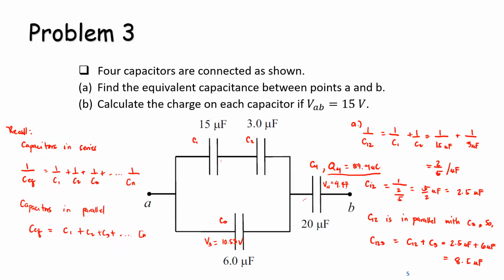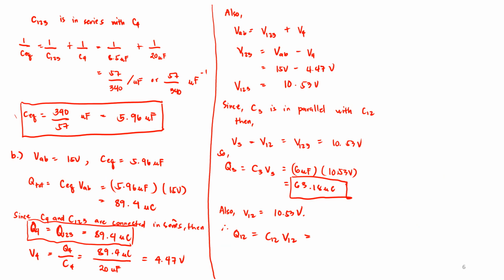Recall that C12 is equal to 2.5 microfarad, the equivalent capacitance of these two capacitors. So you have 2.5 microfarad multiplied by the voltage, 10.53 volts. This is equal to 26.325 microcoulomb. So this is your Q12.